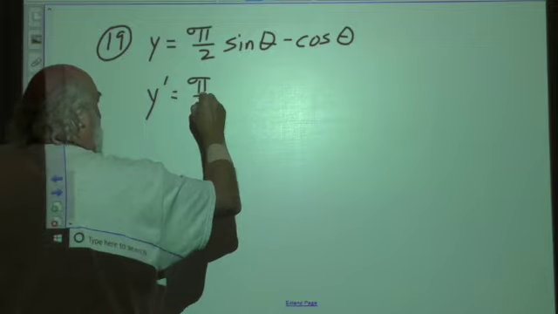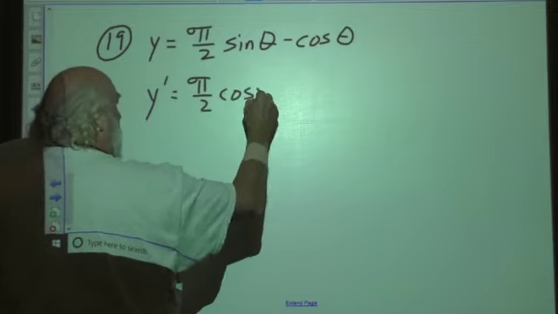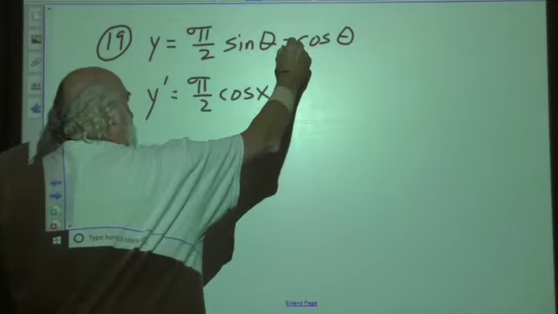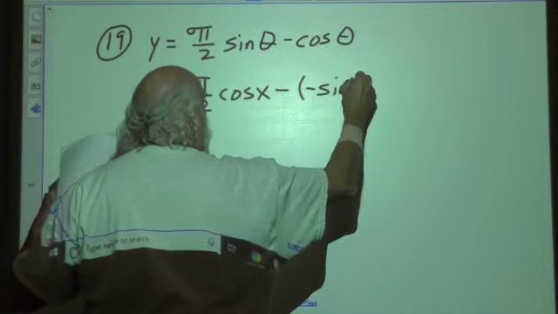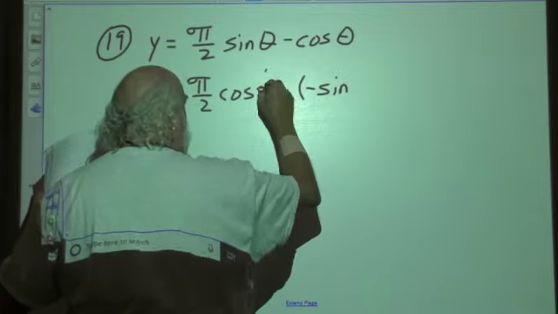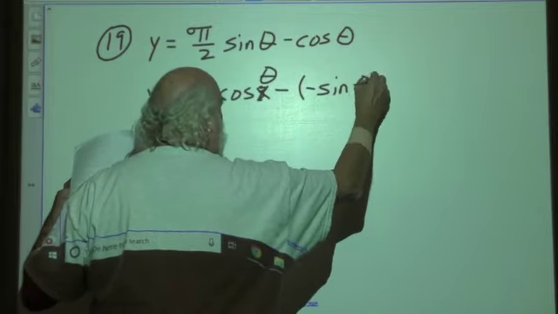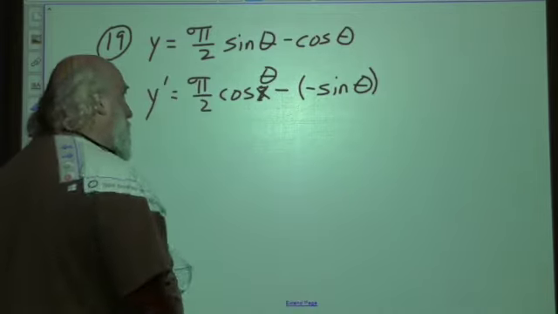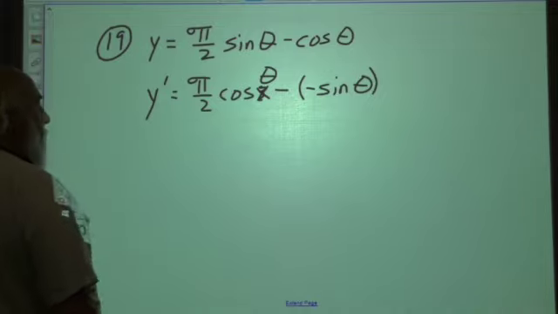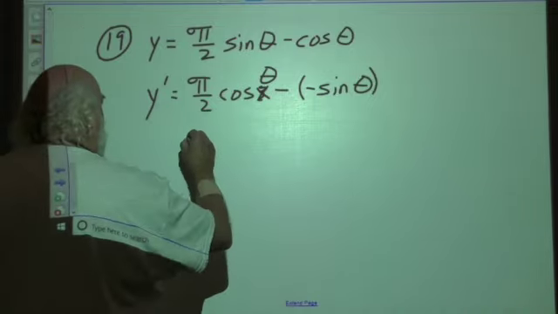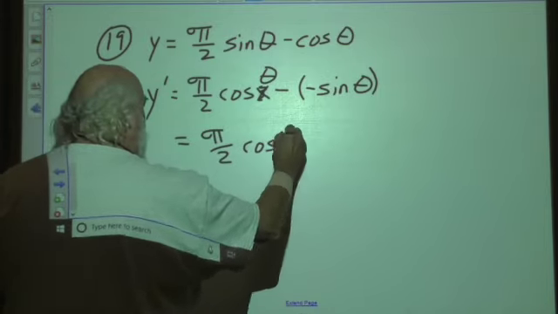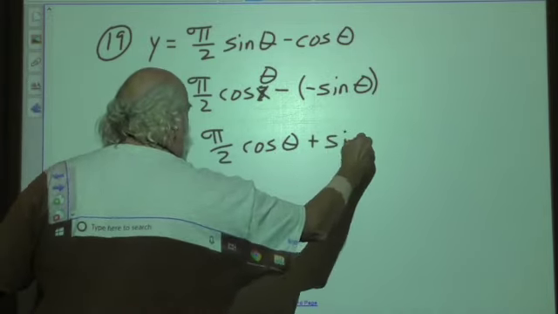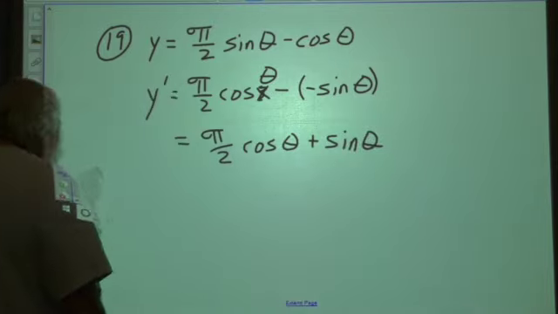So this leaves us pi over 2 cosine x minus, and then the derivative of cosine x is the negative sine of x. Well, I'm using x, that should be theta, my mistake. I'm just x crazy, because I have so many x's. So this becomes y prime, or pi over 2 times cosine theta plus sine theta. And that's our answer.